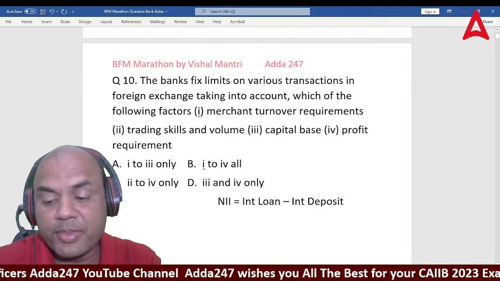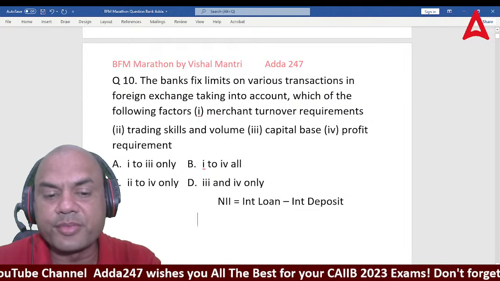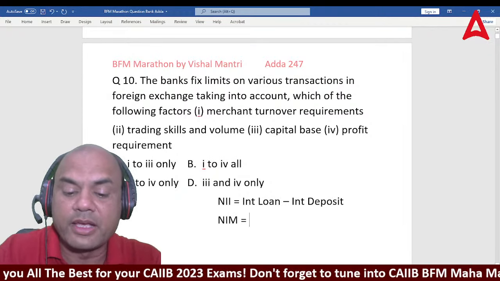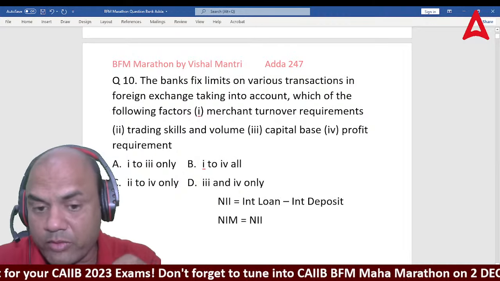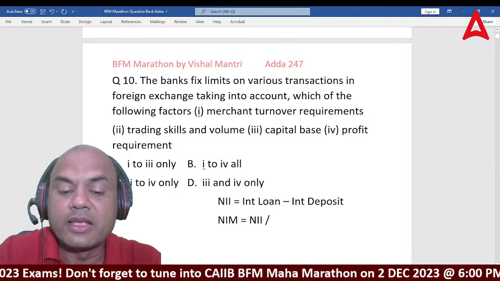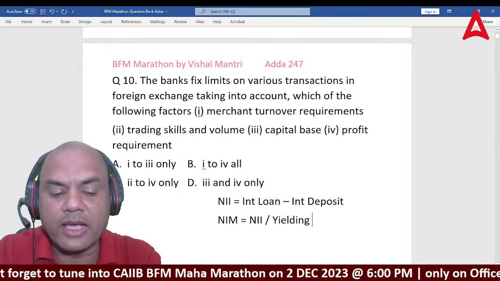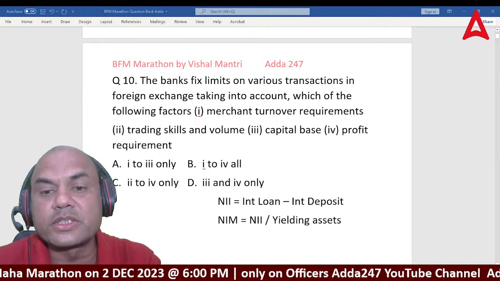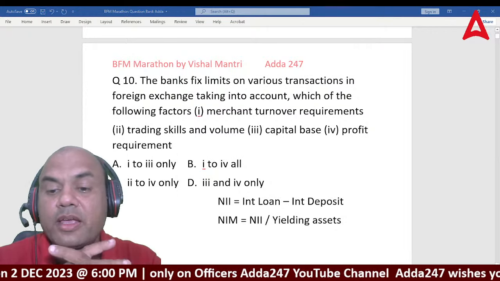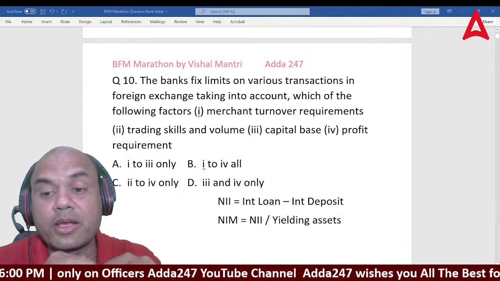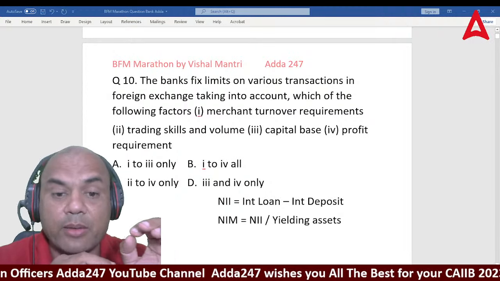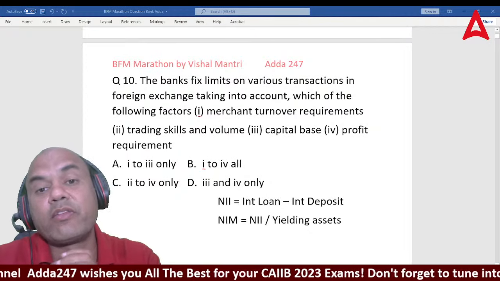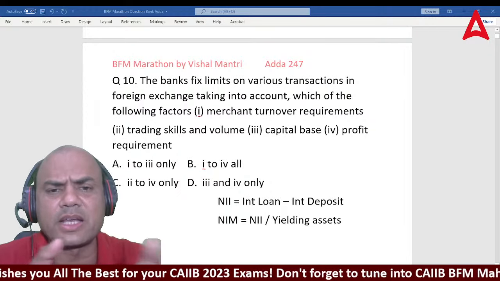Then what is NIM? Understand the difference very correctly. NIM is this NII divided by yielding assets. What do you mean by yielding assets? Yielding assets means those assets which are standard, which are giving me interest in the regular course.